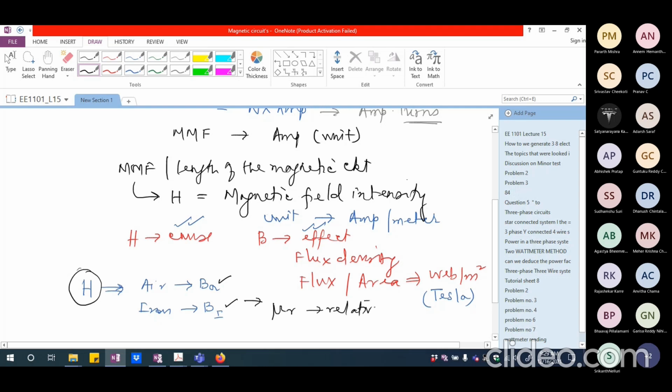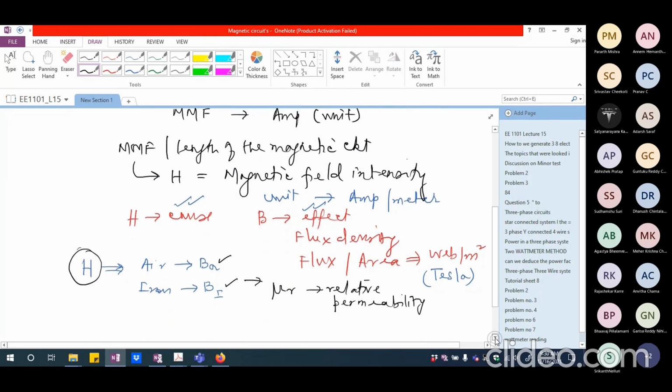The relative permeability is the index of the magnetic property of a particular material as compared to air, vacuum or a non-magnetic material, showing how much it enhances the magnetic flux producing property.